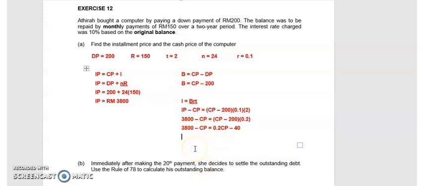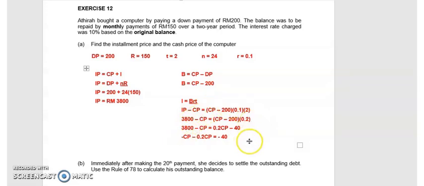So here we have negative CP. So 0.2 CP, bring to the left hand side. So positive to this side becomes minus 0.2 CP. So what you have on the right hand side is negative 40. Okay, this one 3800, bring to the right hand side.